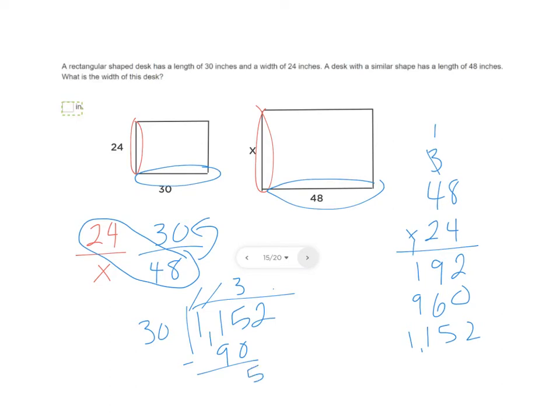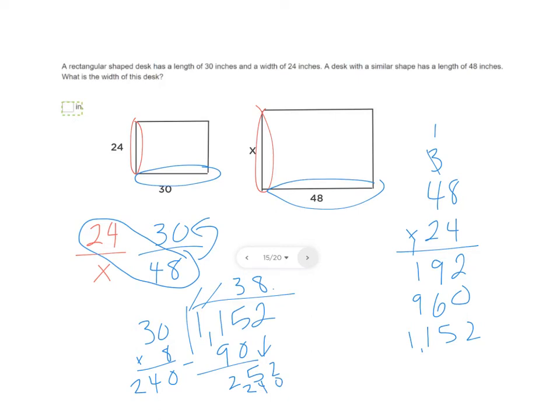And 11 minus 9 is going to be 2. So now I have 25. I'm going to drop down a 2. And 30 is going to go into 252, I'm going to guess 8 times. 8 times 0 is 0. 8 times 3 is 24. I get 240.